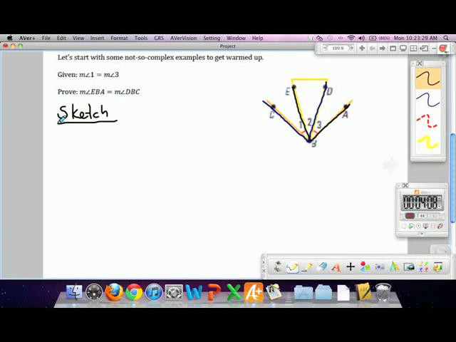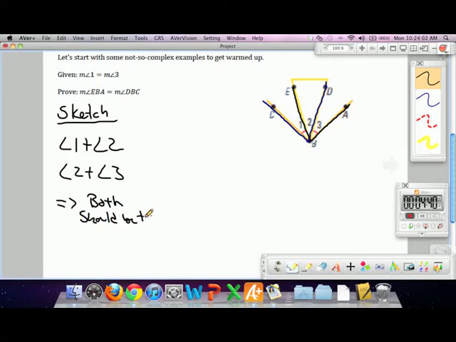Well, it's kind of like angle 1 plus angle 2, and then the other one is kind of angle 2 plus angle 3, and if angle 1 and angle 3 are the same thing, angle 2 is the same thing. So we know we can create some equations here.